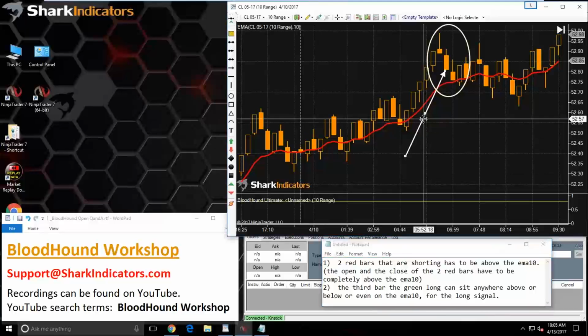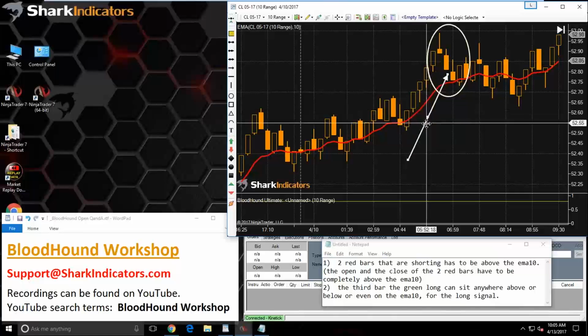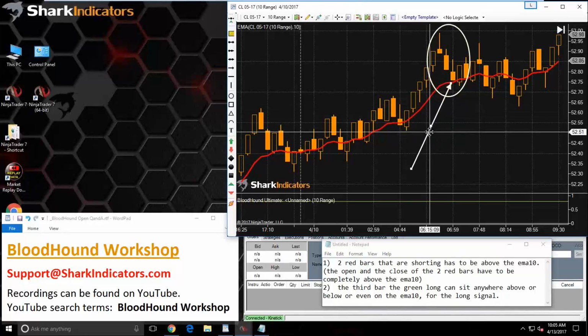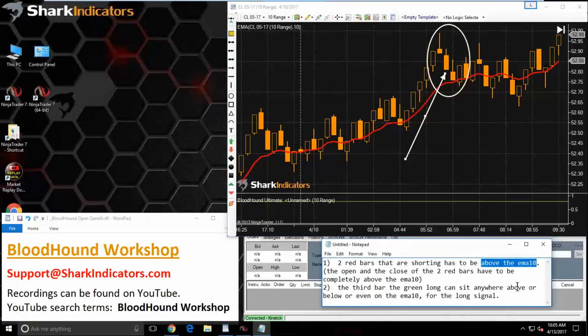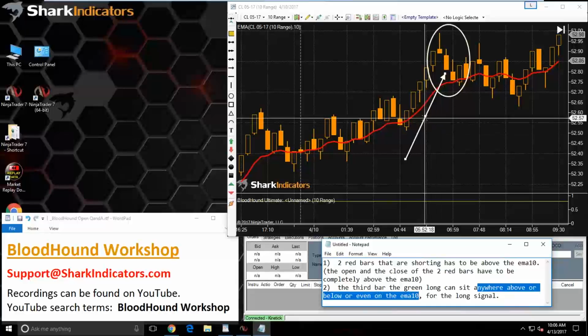The key is that we're looking for at least 2 bars heading towards the EMA, and the most important thing is that the 2 bars have to be above the EMA 10. Then the third bar can sit anywhere along the EMA 10, above or below it.